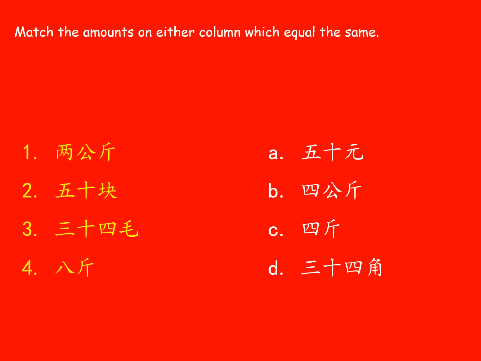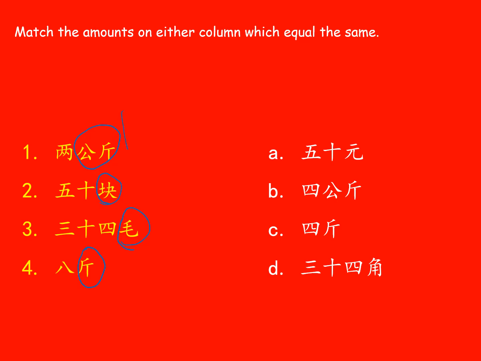Okay, so let's take a look at the left first. 公斤, half kilo. 块 is the most common unit. 毛 a smaller unit. 斤 half a kilo.